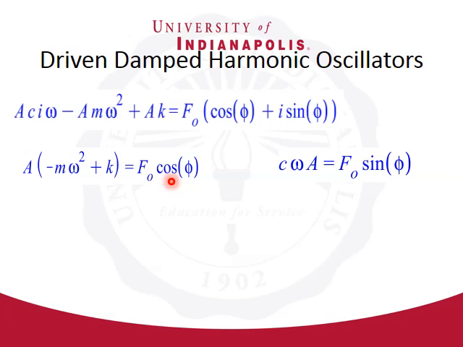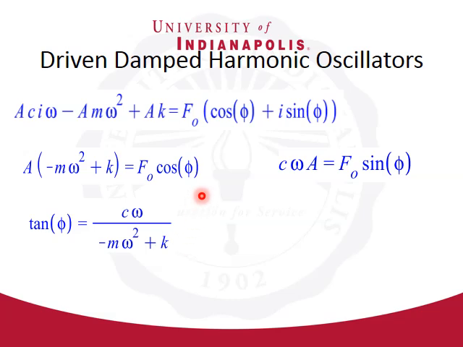So I'm going to arrange these terms here to make tangent phi. And then this gives me a way of determining my phase shift that depends on all the parameters of our system: our driving force, our damping constant, our mass, and our spring constant.